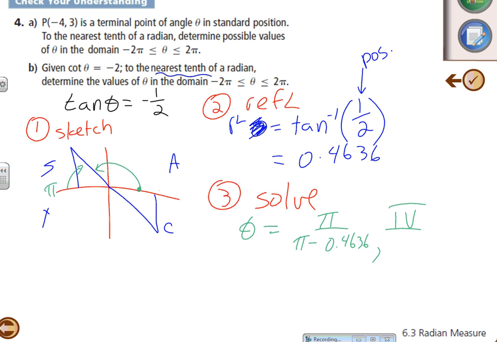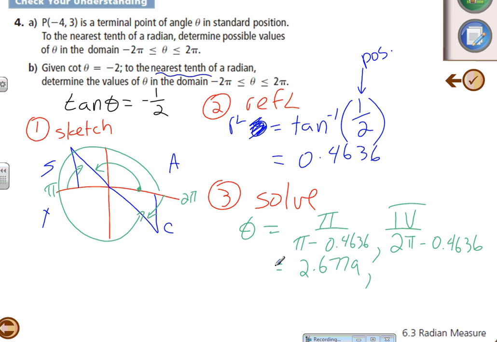In quadrant 4, 2 pi is too far, and come back the reference angle. 2 pi is all the way around, minus 0.4636. Punched into our calculator, we got 2.6779 and 5.8195.